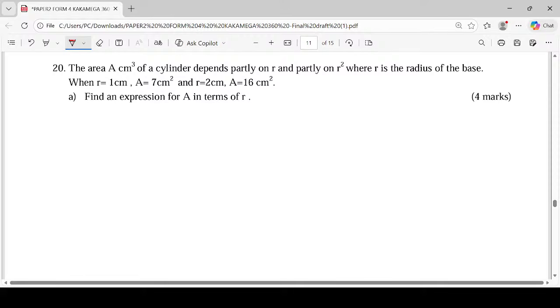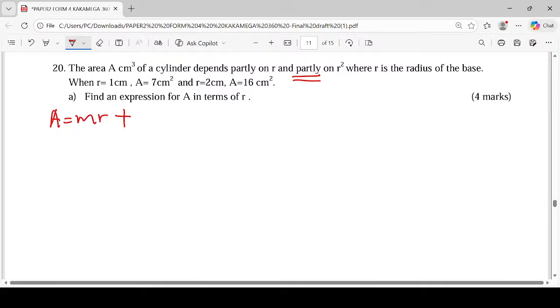So what you need to understand, ladies and gentlemen, is that they are saying A partly depends on r, so I can say A is equal to mr plus, because this is partial variation, you have to add, whenever you see partly, that's partial variation always.